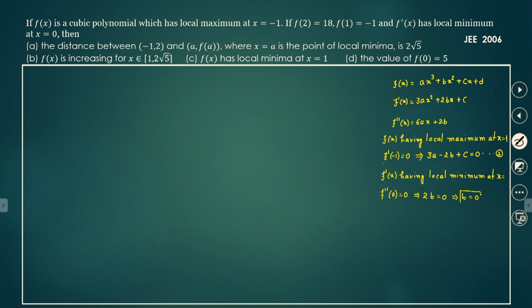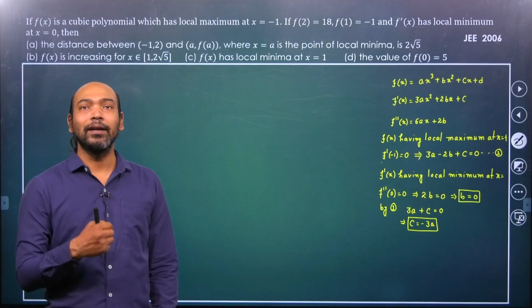Now as b is equal to 0, we can get by equation 1 a relation between a and c. So it says 3a plus c is equal to 0. That implies c is equal to -3a. So this is the information we can observe from that relation.